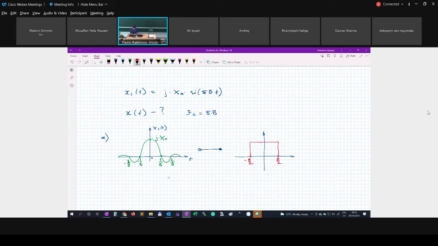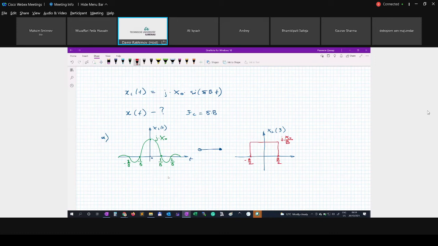Okay, what will be the amplitude in frequency domain? Any ideas? By b, yeah, we have to divide by b. So the resulting amplitude will be jx0 divided by b, because b defines the range of our rectangular pulse, and it also defines our psi function.